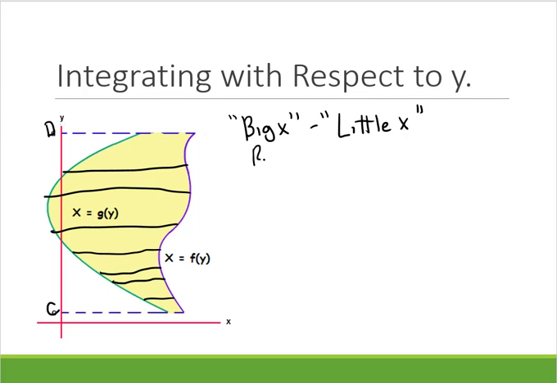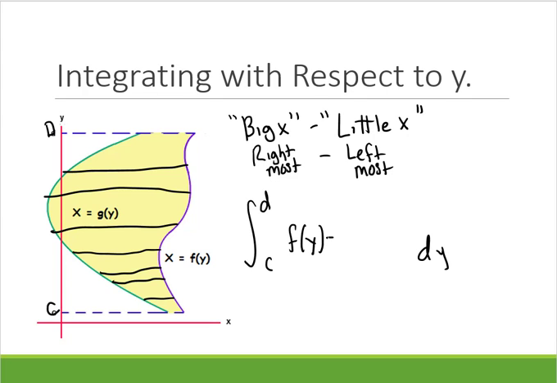And everything is in terms of y. I'm going from C to D. My rightmost function is f of y. My leftmost function is g of y. Okay, C and D are y values that bound our area, okay, and these functions here are all in terms of y. And that's why I have a dy there. It's like finding the area to the y-axis.